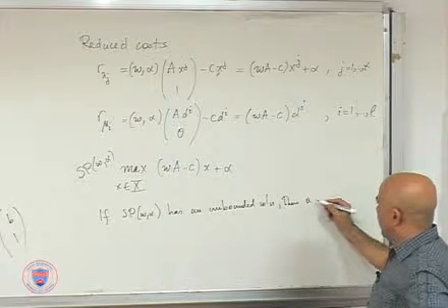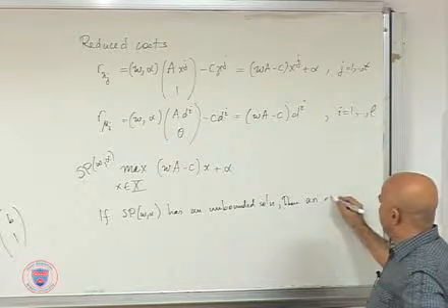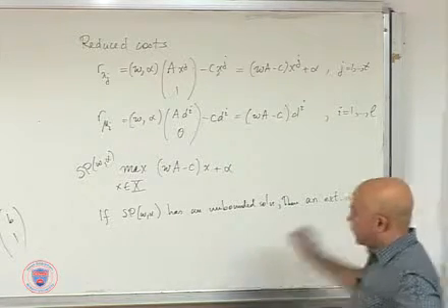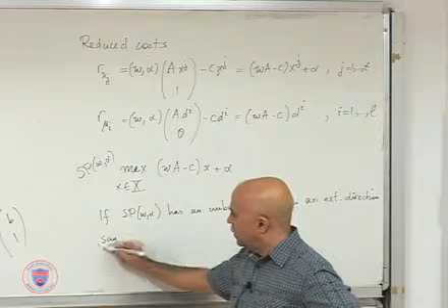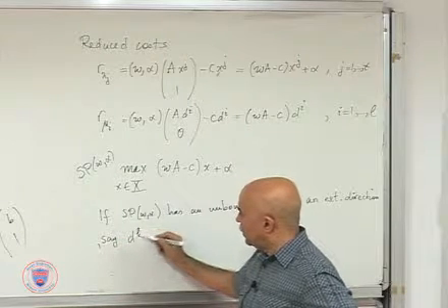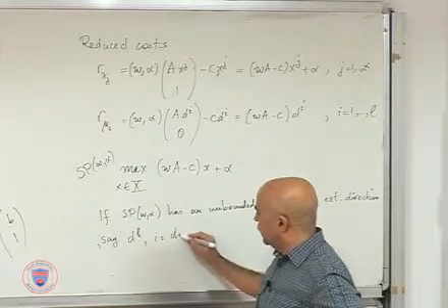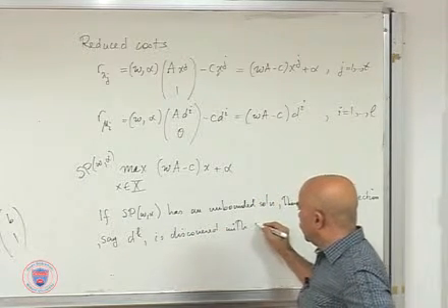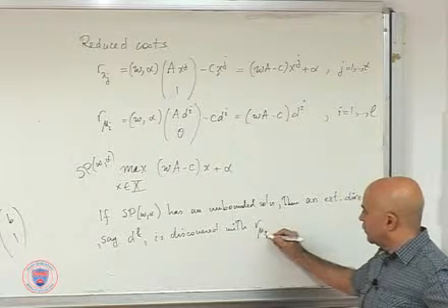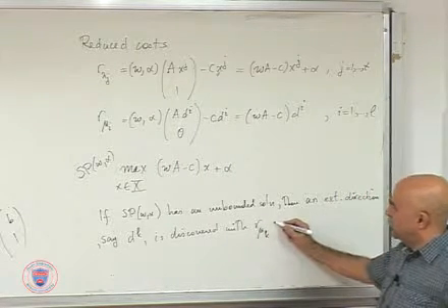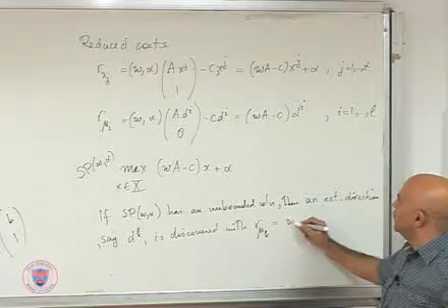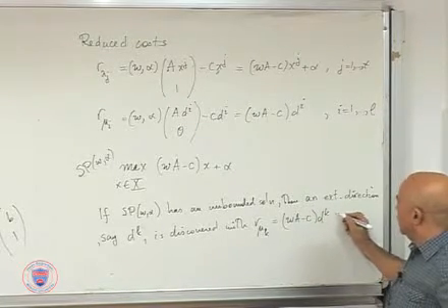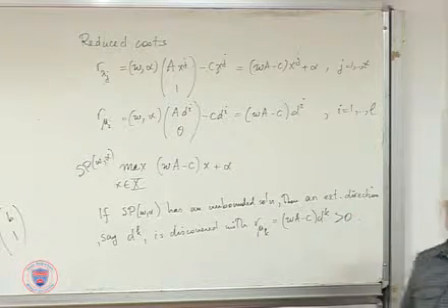Then an extreme direction, say d_k, is discovered with reduced cost r mu_k, defined by wA minus C times d_k, which happens to price out as positive.